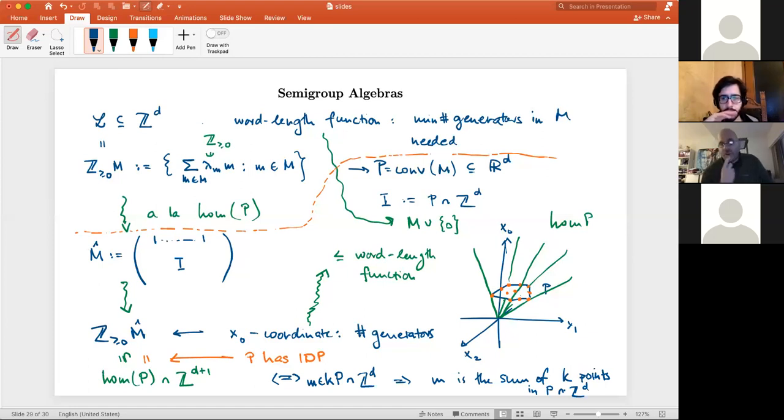I mean, if you look at my picture, if the orange points inside my polytope are not there, you can still construct a semigroup. Absolutely, it's a semigroup by definition if you start adding the points, your generators. But I wouldn't necessarily have the geometry. It's a good question.